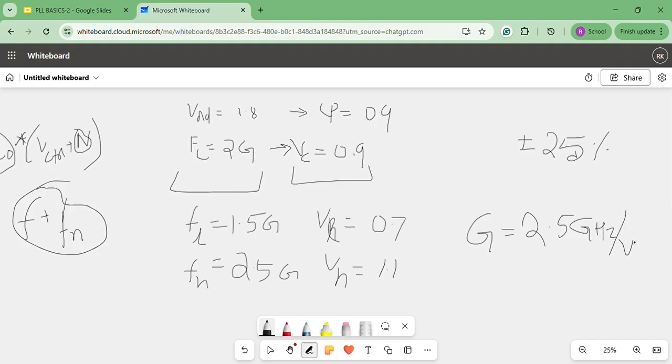This is in gigahertz; to convert it into radians, we multiply it by 2 pi. So it will be somewhere around 15.7 radians per second per volt.